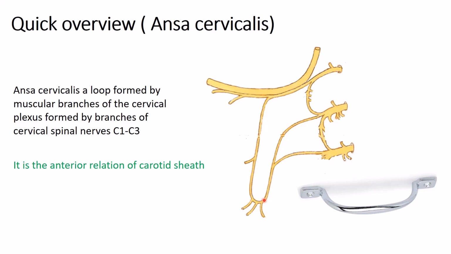The ansa cervicalis, as I mentioned before, gives nerve supply to the strap muscles, with the only exception of the thyrohyoid muscle, because it is supplied by a branch from C1, which travels through the hypoglossal nerve. And this is the hypoglossal nerve, as you see here. So this is C1, C2, C3, and this is the hypoglossal nerve, C1, 2, 3, all together.